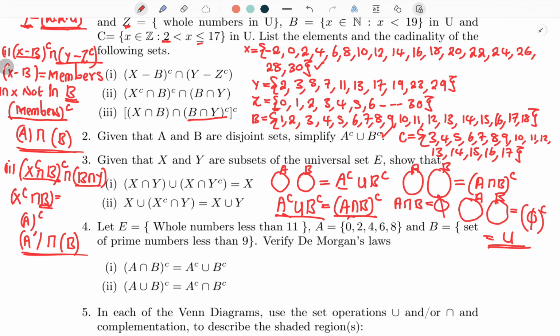Okay? The universal set. So when they say simplify A complement union B complement, using this particular statement, your answer is simply the universal set. Okay? Your answer is simply the universal set.